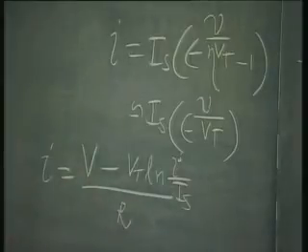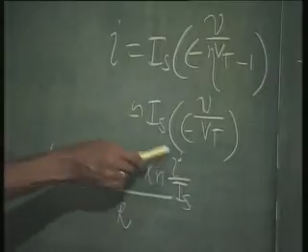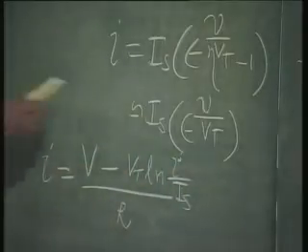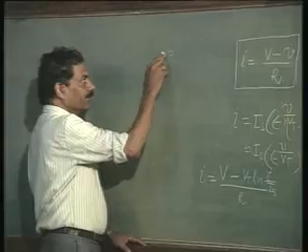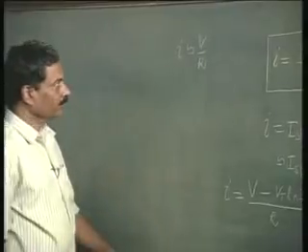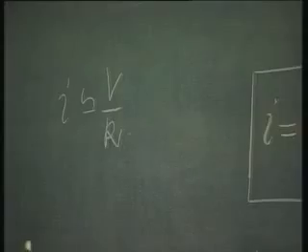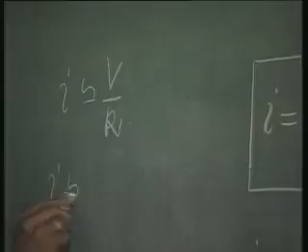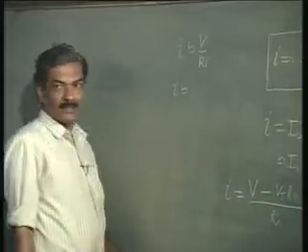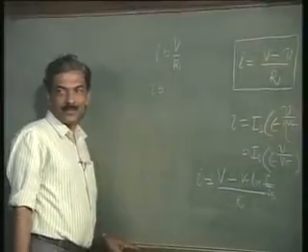One way to solve this analytically is to approximate the diode voltage in the ideal diode situation as 0, and the first order approximation for I is simply V by R. Then the second order approximation is I approximately equal to this. We have told earlier that for silicon the diode voltage is typically of the order of 0.5 to 0.7.